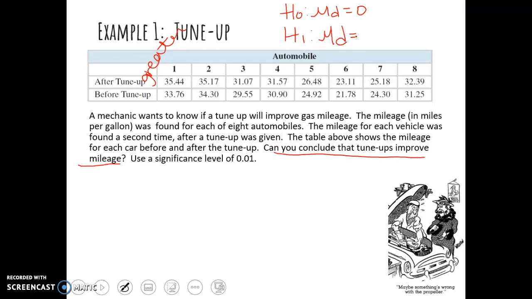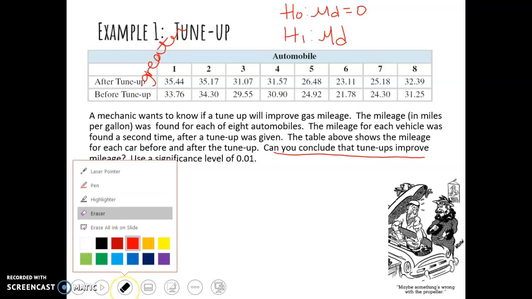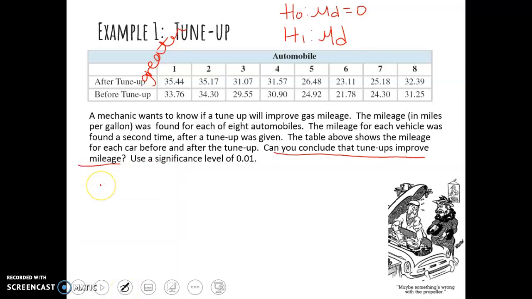we need to decide how we're subtracting. Are we subtracting after minus before or before minus after? And this really matters. The reason it matters is because if I subtract after minus before, according to what I want to see, that this is greater, after minus before means I should get positive numbers if this is really greater.